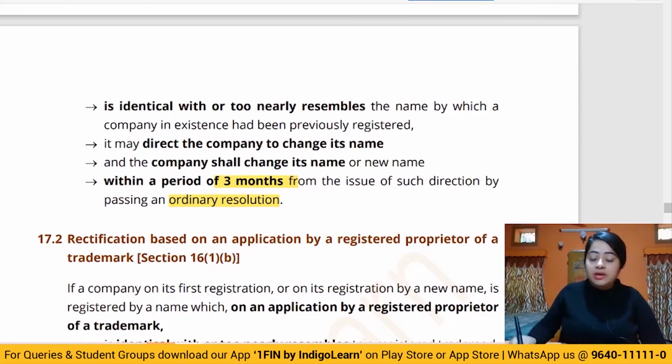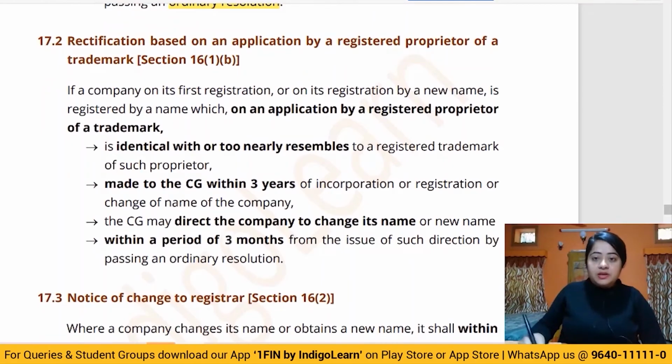The second part of this section talks about rectification based on an application by the registered proprietor of a trademark, that means a person who has the name registered as a trademark in their name. If such a person realizes that another company's name is similar to their company's name, then they can send an application to the central government.